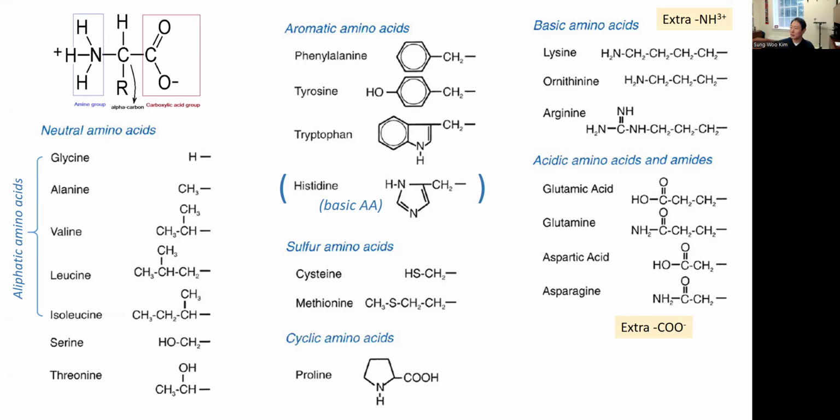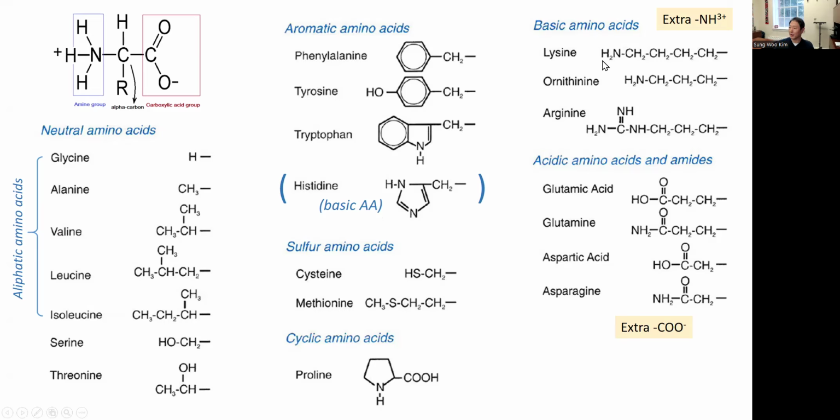This ornithine would not be a part of protein, but it also has an amino acid structure, so I just include it here. But this ornithine, you can see typically in the urea cycle in the liver. If you look at the structure of the R group of lysine, ornithine, arginine, and histidine, they commonly have additional nitrogen in the R group here.